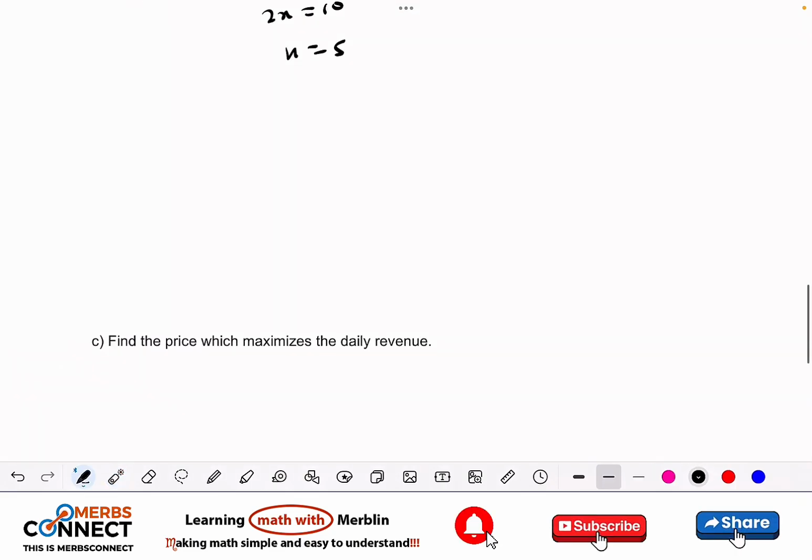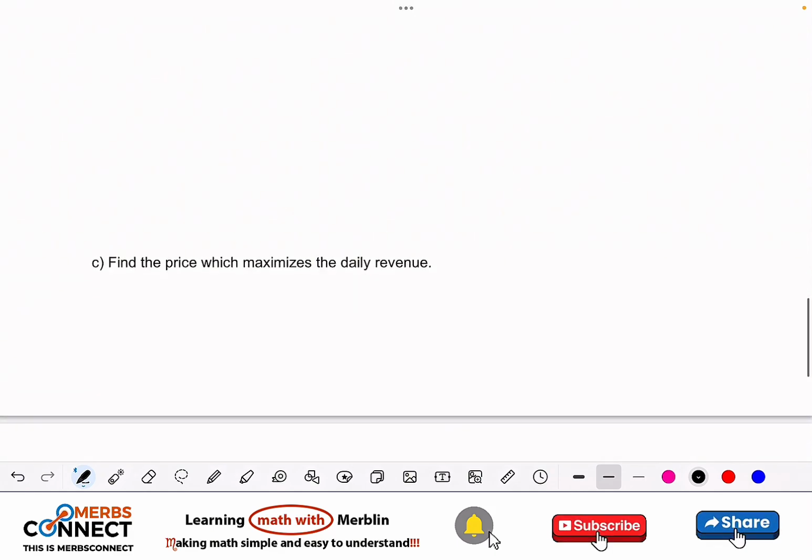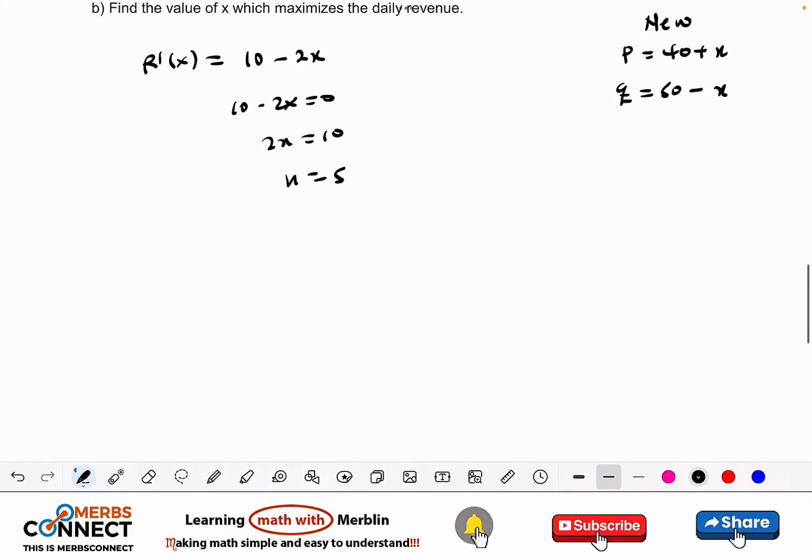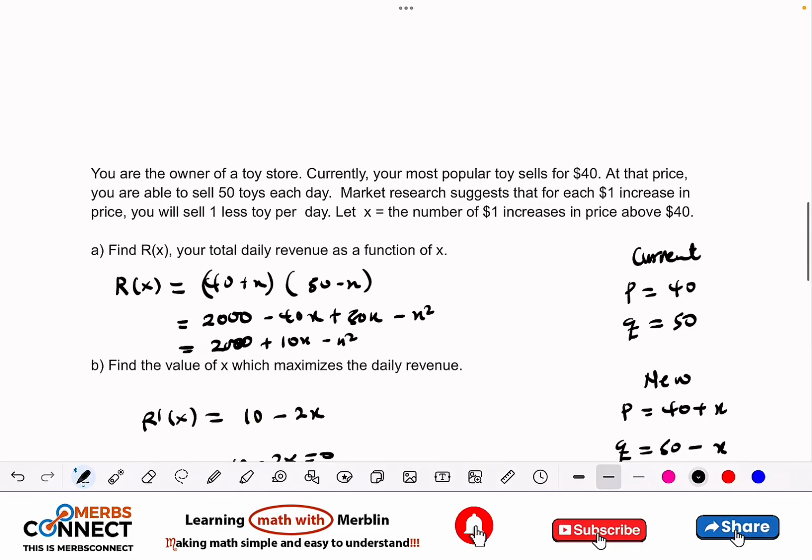And then we want to look at the price. So the price P of x is equal to 40 plus x. So P of 5 will be equal to 40 plus 5, which is equal to $45.